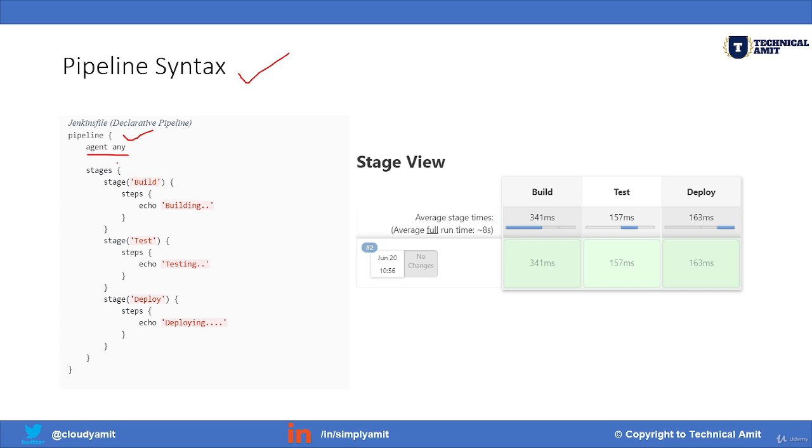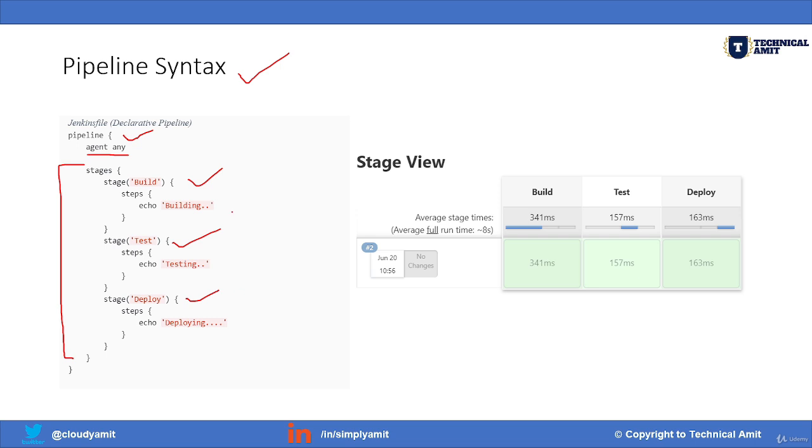Under that pipeline, as we have already talked about, there are various stages like build, test, deploy, compile, integration. So we can have multiple stages, and under stages we will have stage. So we have got a build stage, a testing stage, and a deployment stage, and each stage will have multiple steps.